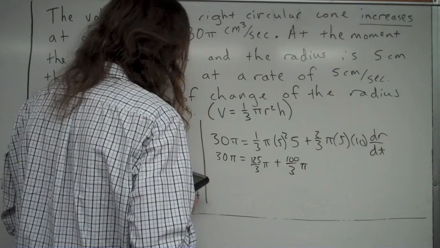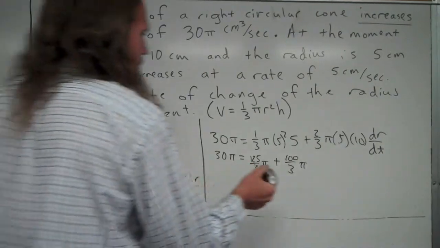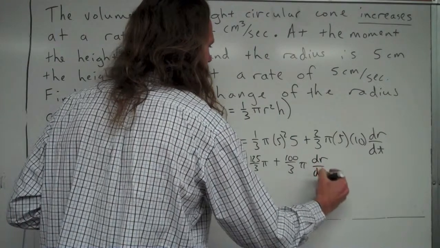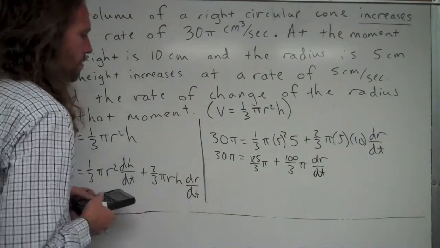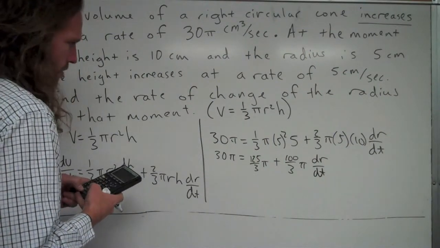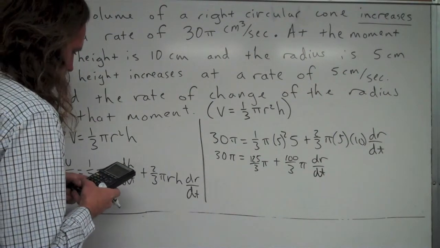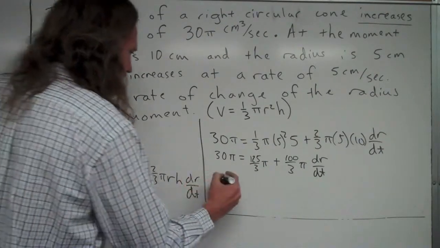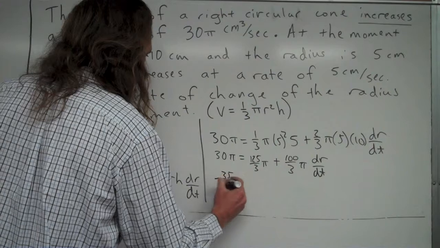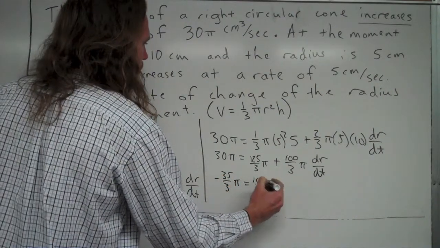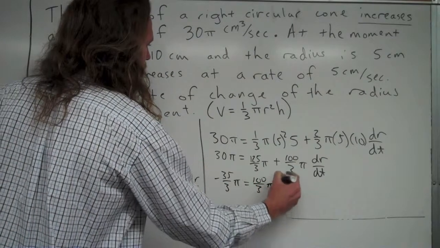Okay, I've got dr over dt here still. So then I'd just subtract this over here. So 30 pi minus 125 over 3 pi. I'll just do the 30 minus 125 over 3, and end up getting negative 35 over 3 pi is equal to 100 over 3 pi dr over dt.